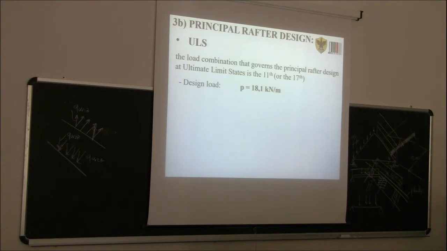So the load associated with this load condition is 18.1 kN per meter, and it is distributed along the truss on the two rafters.